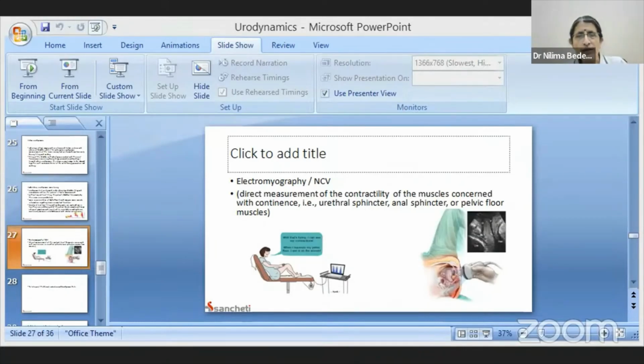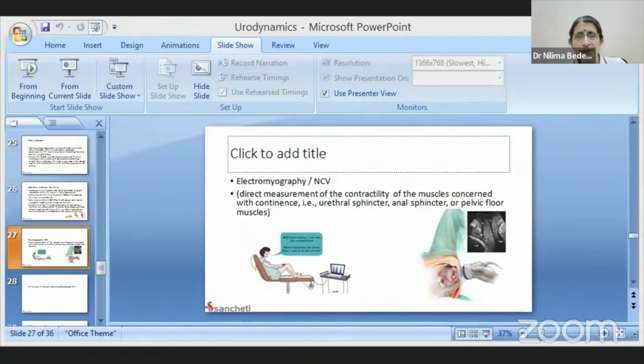So it's called urodynamic stress incontinence or genuine stress incontinence, because according to the International Continence Society, stress incontinence is a leakage of urine because of stress in the absence of detrusor contraction.